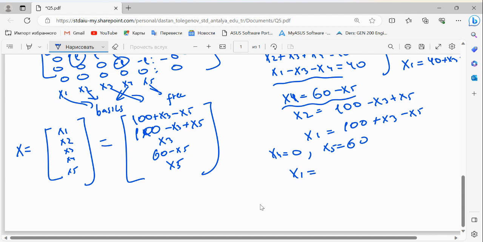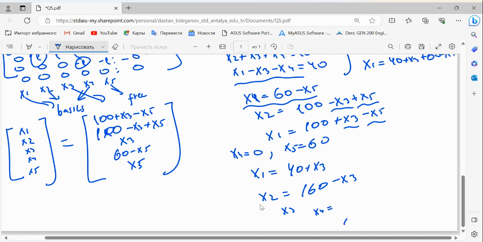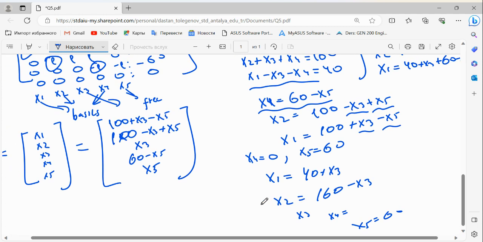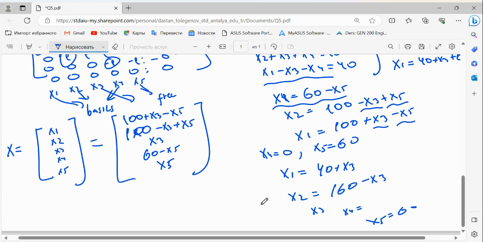In the x1 equation, 100 plus x3 minus 60 is 40 plus x3. What about x2? It's 100 minus x3 plus 60, so 160 minus x3. x3 is a free variable. x4 is 0 and x5 is 60. So the minimum value of x1 is 40.